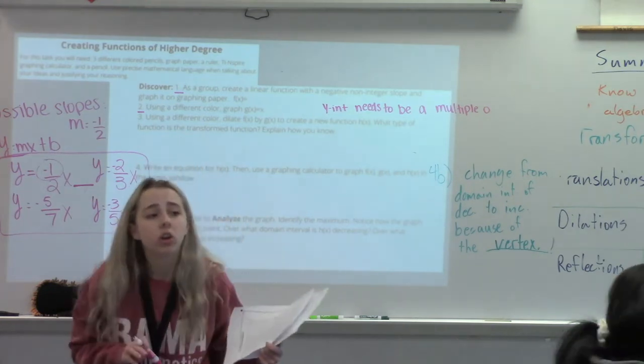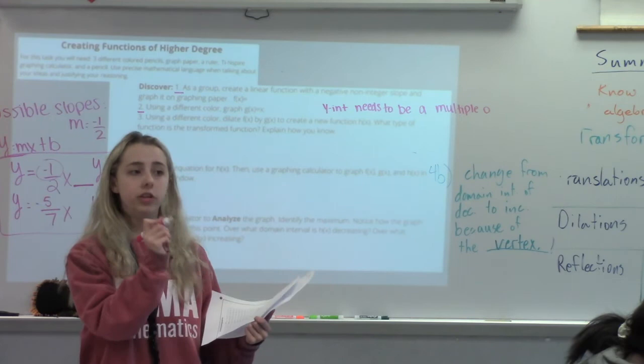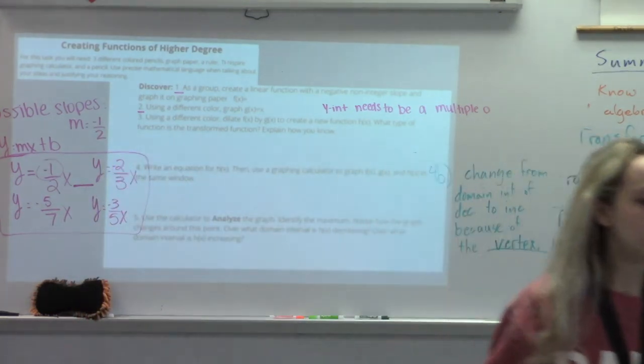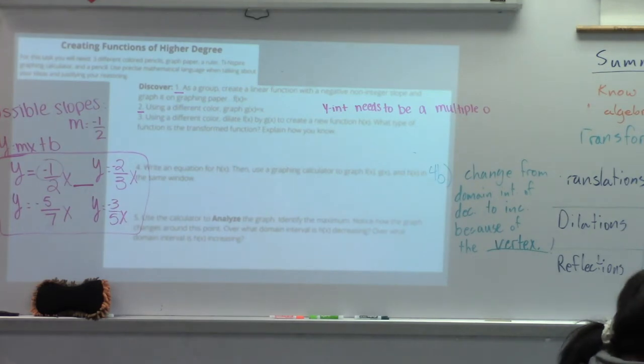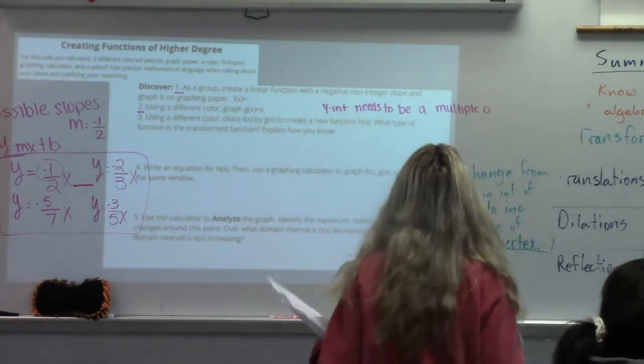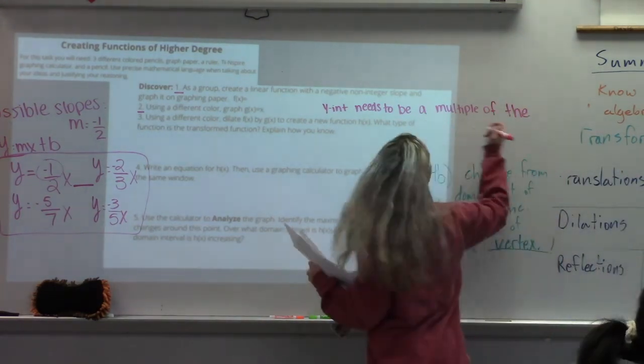Say that again. Would that be g of x? Is that your g of x equals x? So what's the y-intercept? Our y-intercept would be negative 1, because we're doing negative 1/2. It just has to be a multiple of negative 1. So it should be a multiple of 1: 2, 3, 4, 5, or negative 1, negative 2, negative 3, negative 4.